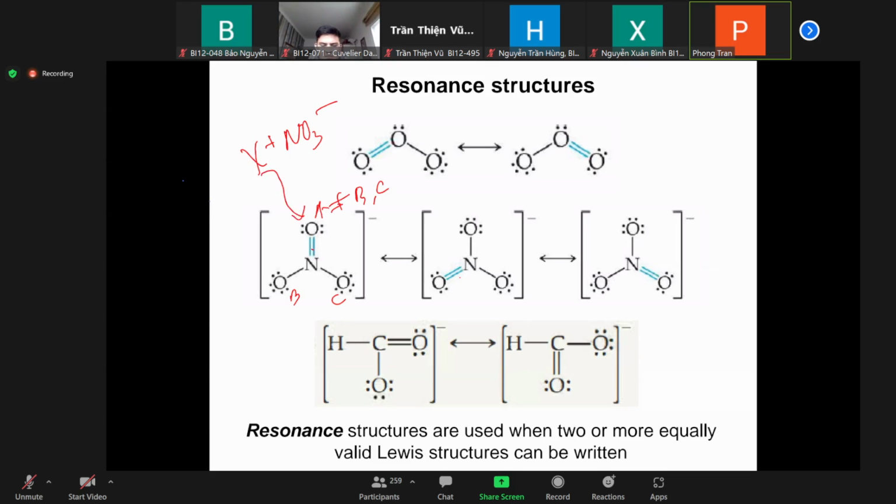But when we do the chemical experiment, we cannot distinguish A, B, and C. The three oxygens are exactly identical. So that means our bonding theory is not really correct, because it says they are not identical, but experimentally we see that they are identical.